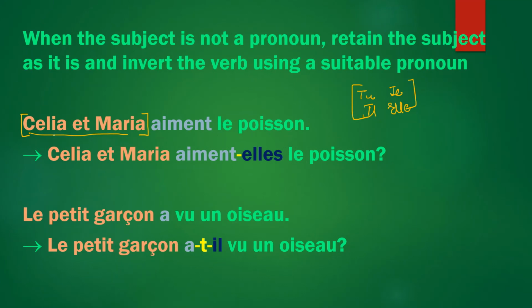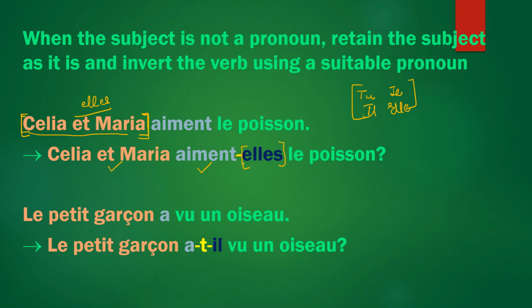Here, when you have anything that is not a pronoun, what do you do? So take this sentence: Celia et Maria aiment le poisson. Now what you do, you don't switch the subject and the verb. You keep the subject where it is, you keep the verb where it is, and now you introduce a new part of speech, which is the pronoun. Which pronoun do you introduce? The pronoun which best represents the subject. Celia and Maria are two girls or two ladies, so the best pronoun will be elles. You introduce that pronoun after the verb and put a dash.